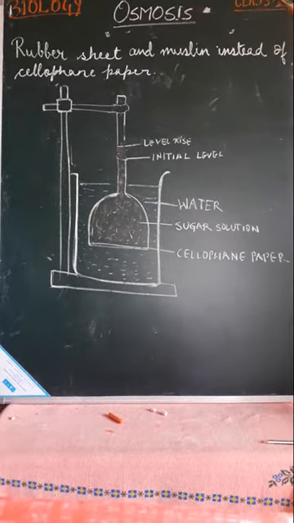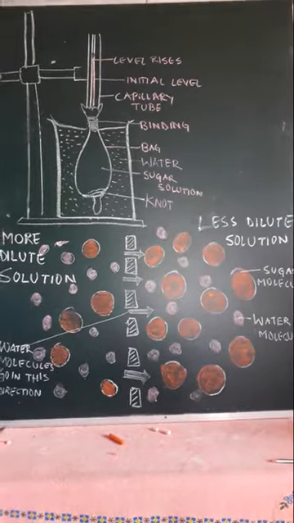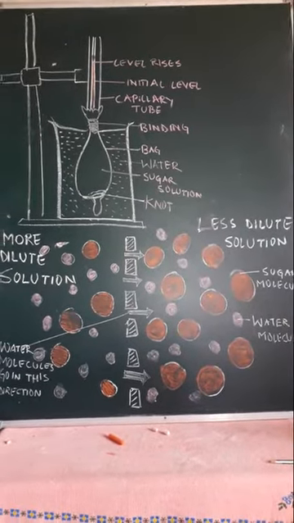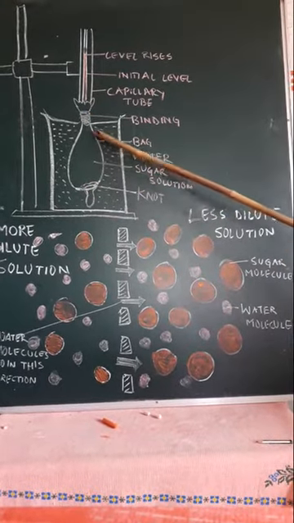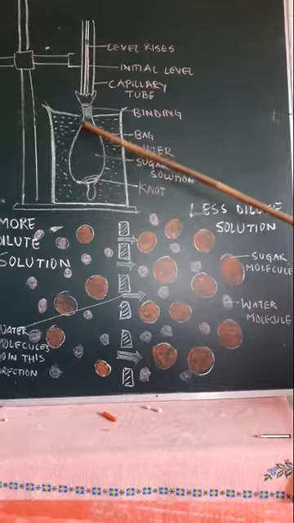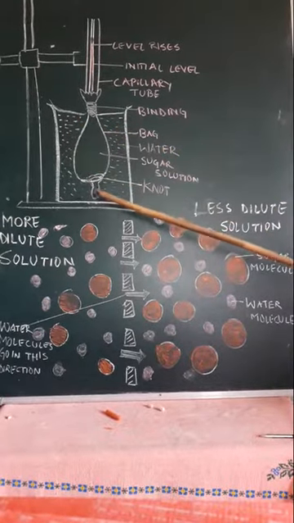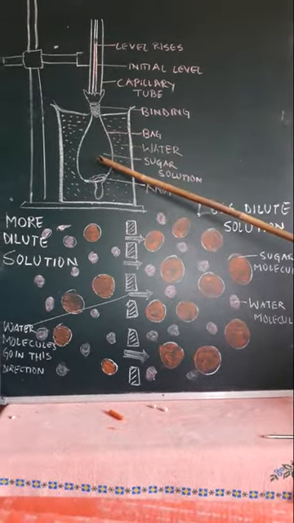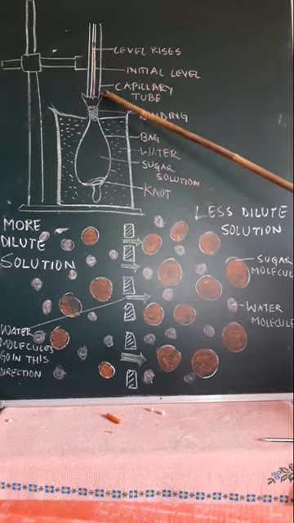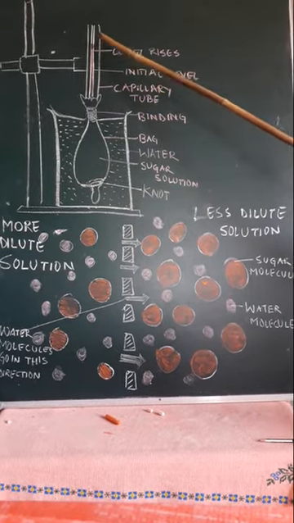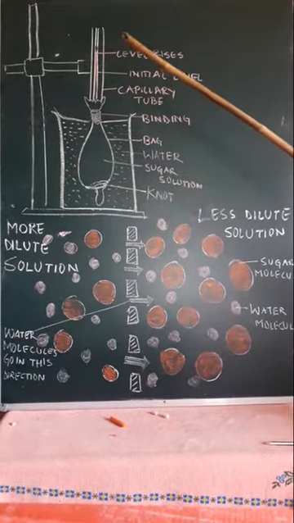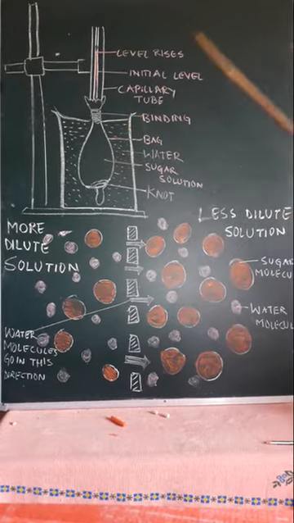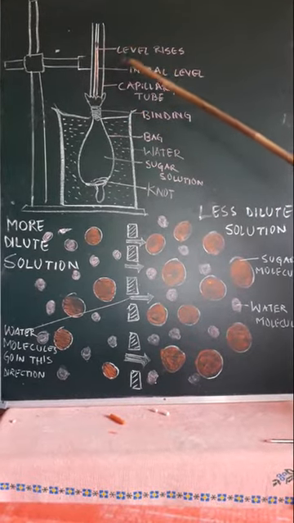And the next, the same experiment can be performed by using a whisking bag. Here you can see a whisking bag, and the whisking bag is acting like a semi-permeable membrane. In a beaker the water is taken. In the whisking bag sugar solution is kept, and in the mouth of the whisking bag a capillary glass tube is inserted and tied tightly. Now this setup is left for a few hours, and the initial sugar level is marked.